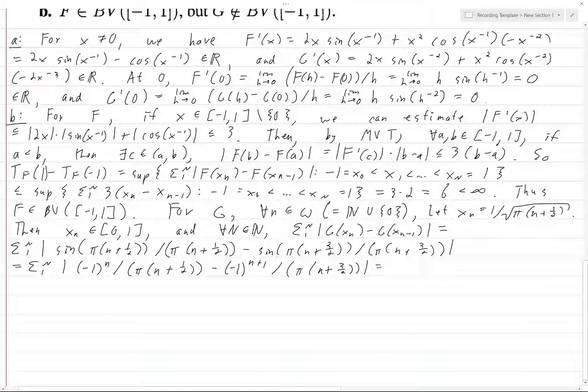And so this is actually just equal to the sum from 1 to n of 1 over pi times n plus a half plus 1 over pi times n plus 3/2. Now we do a trivial estimate here and throw out one of the terms, and we'll get something even smaller, 1 over pi times n plus 1/2.